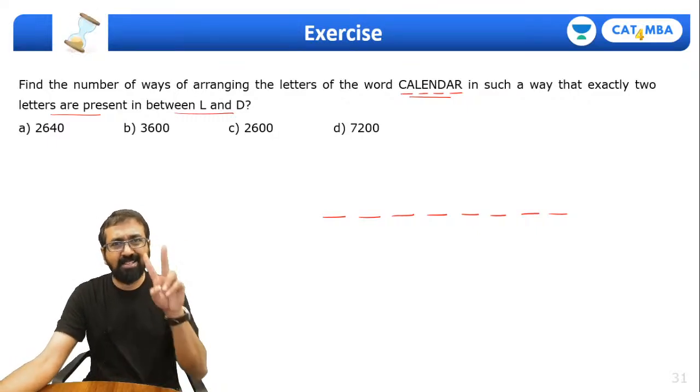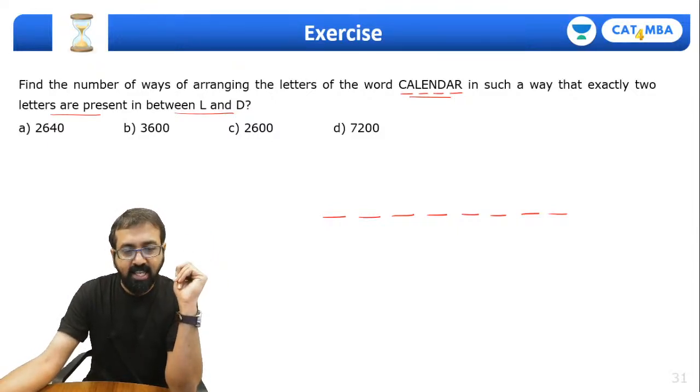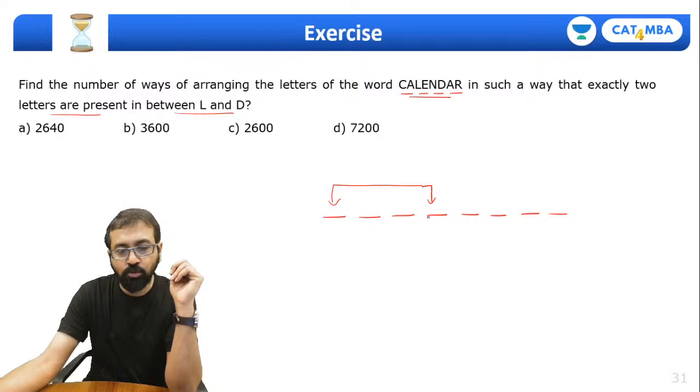Now there should be exactly 2 letters between L and D. So can I say L and D can be over here, or here? Let me show you the positions that L and D can take. It can take these 2 positions, and on these 2 positions L and D can be arranged in 2 factorial ways.